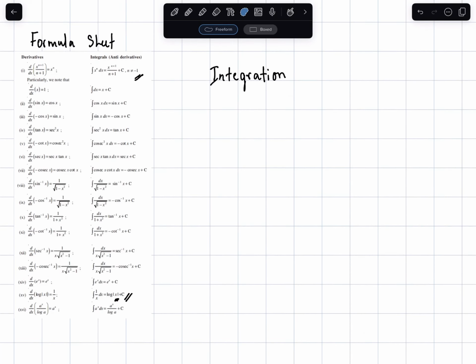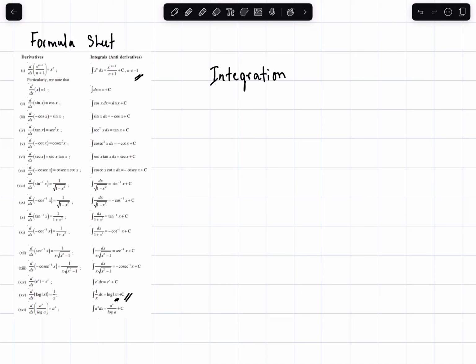Let's start with the first 5 questions. The first 5 questions are basically asking you to find the integral by method of inspection. So we have to understand what the method of inspection is. This is quite tricky and quite interesting.